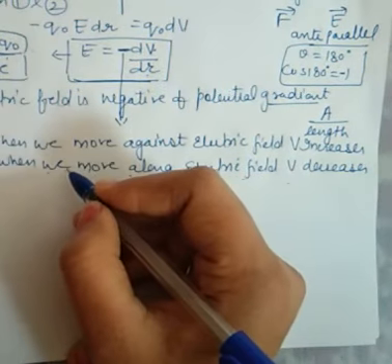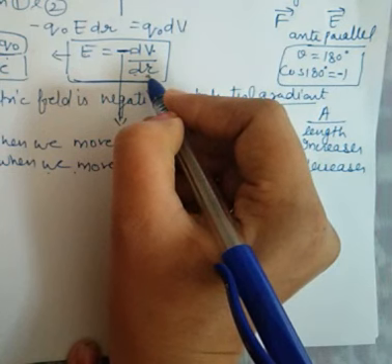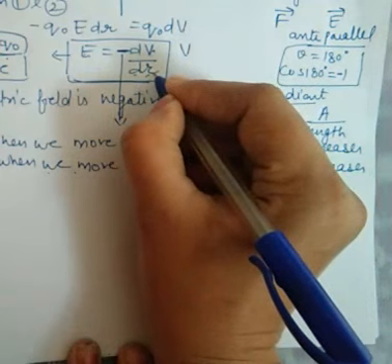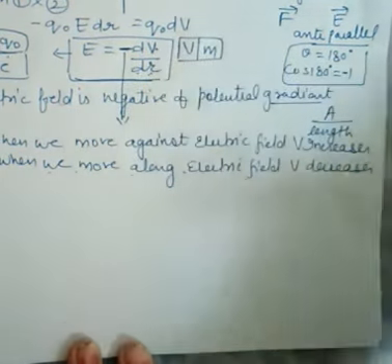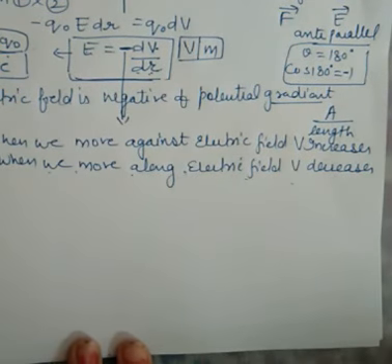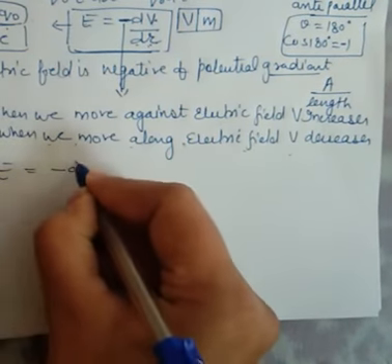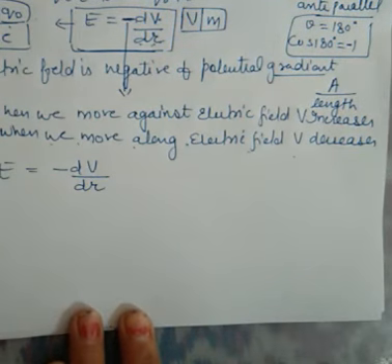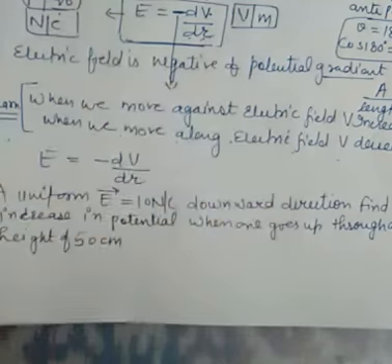But now we have derived E is equal to minus dV by dr. What is dV? dV is potential difference having unit volt, and dr is separation, meter. So its unit is volt per meter. Okay students, so we have received the result E is equal to minus dV by dr. This is the relation between electric field and electrostatic potential.